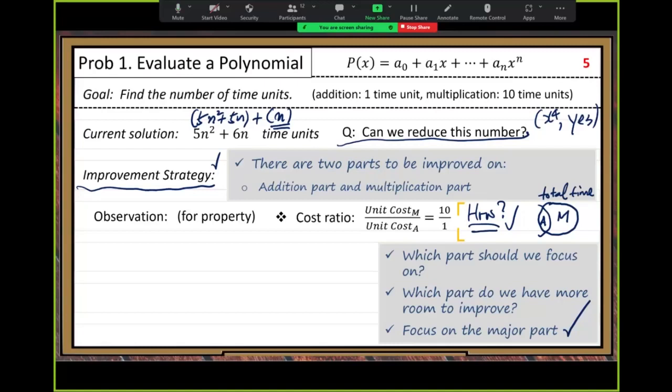That strategy was summarized as a famous rule in computer science. It's called Amdahl's law.